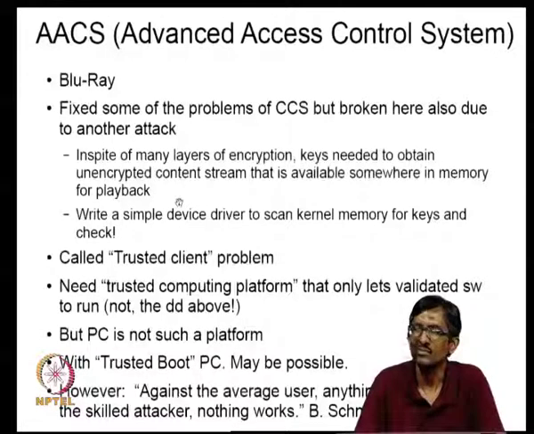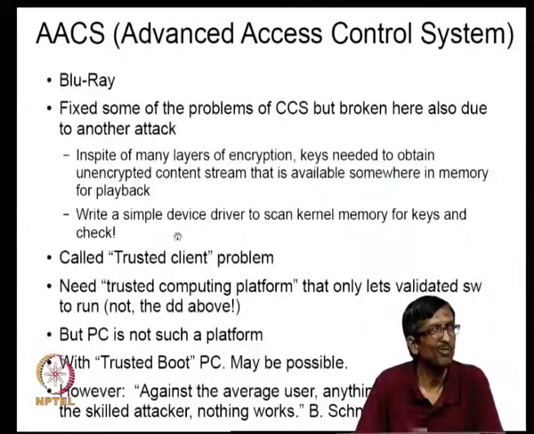That means that you write a simple device driver which scans the memory, kernel memory, and then tries it out. So you make sure that your embedded system is small enough, it has not got 1 terabyte of memory. Make sure it has at most, let us say, 4 megabytes of memory, or 16 megabytes, or make it 256 megabytes of memory.